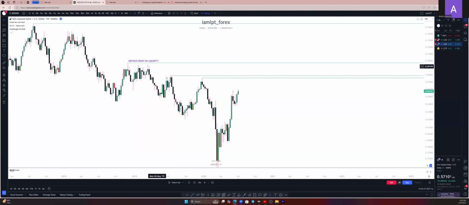It's always like that. What do I mean by we use one liquidity to target another? What I'm trying to say in essence is that when markets take a reasonable liquidity level, the market is going to retrace, correct, before it expands again.